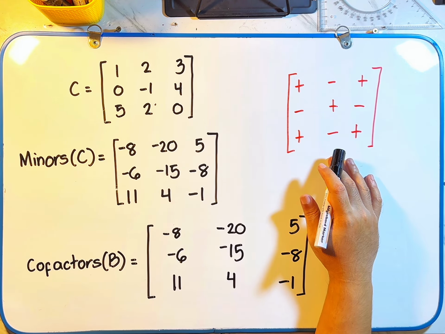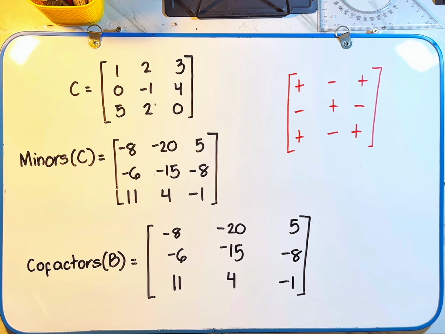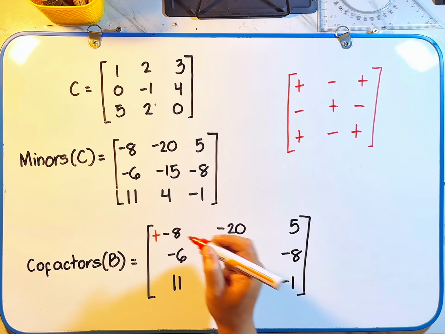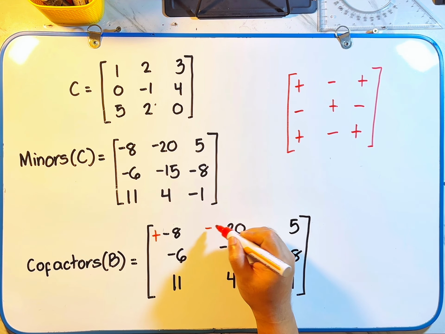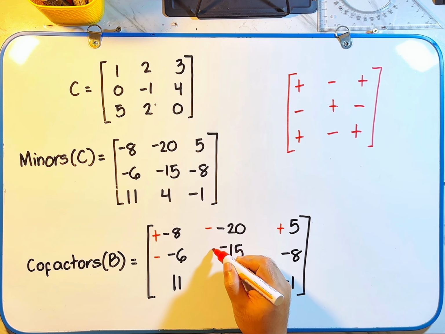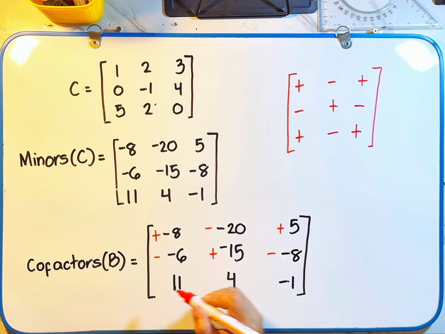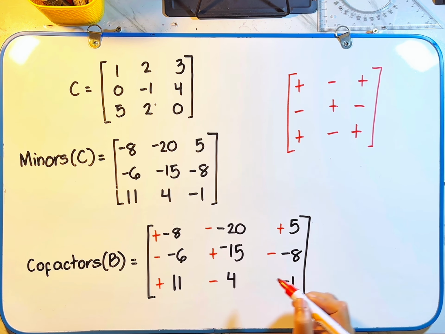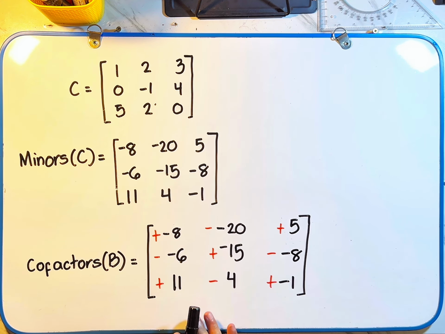So this is the rule of sign that we should follow instead of using the formula because it is lengthy to solve. Now, let's apply. Plus here, and then minus here, and then plus, and then minus, plus, minus, plus, minus, plus. Now let us simplify the elements of this cofactor C.